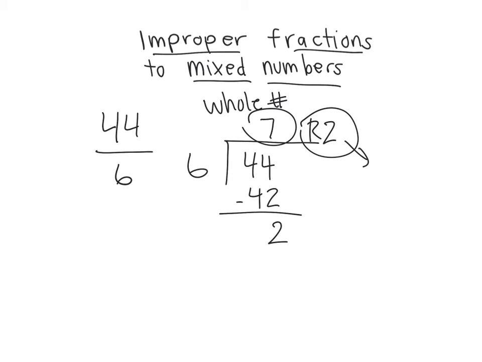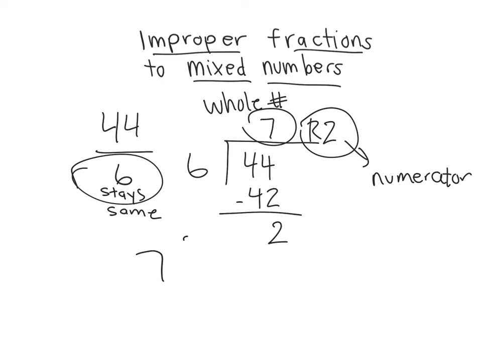The remainder becomes the numerator. And the bottom always stays the same. So our new mixed number should be 7 and 2 over 6. And if we multiply and add to check, 7 times 6 is 42. 42 plus 2 is 44 over 6.